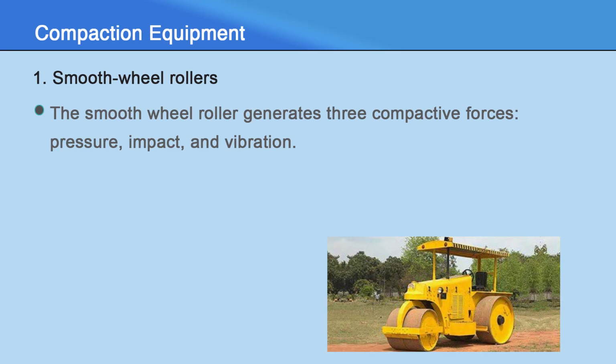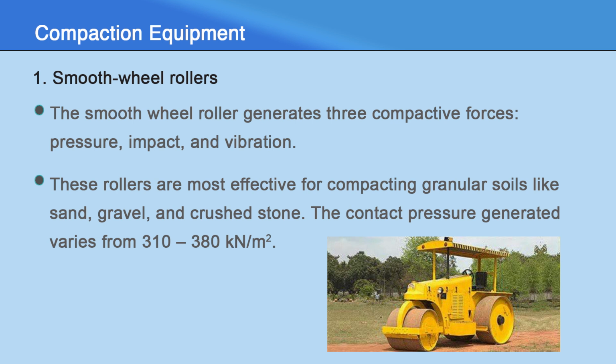Starting with the smooth wheeled rollers. The smooth wheel roller generates three compactive forces: pressure, impact, and vibration. These rollers are more effective for compacting granular soils like sand, gravel, and crushed stone.